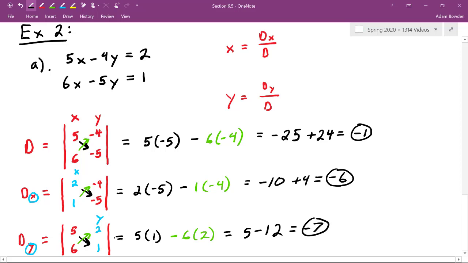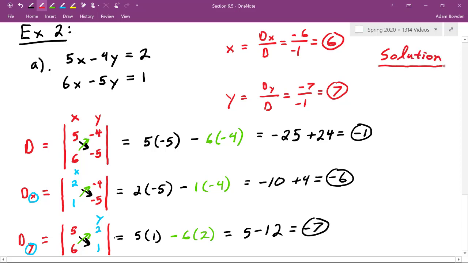So now we have d, dx, dy, and we put these into Cramer's rule, dx over d, so -6 divided by -1. That would give us +6 for x. For dy, we put -7 divided by -1, and that gives us +7 for y. So now we have our solution for both x and y: 6, 7.